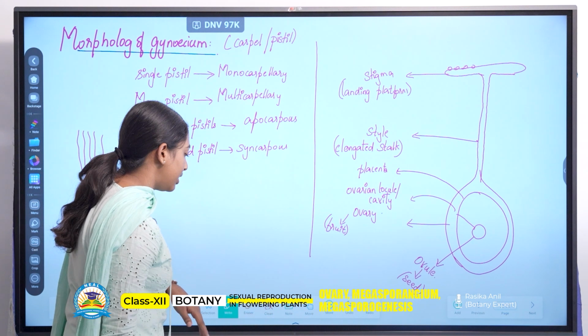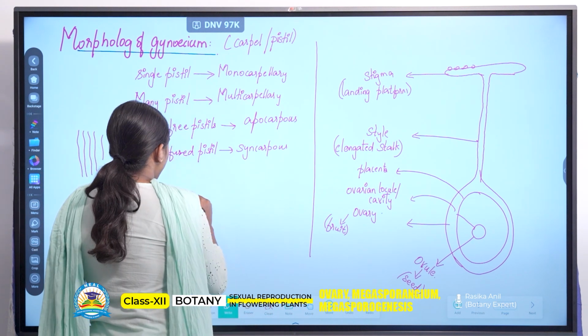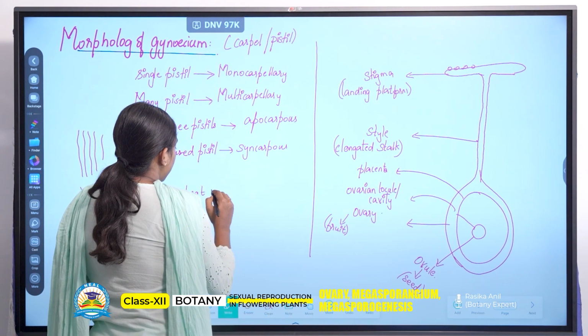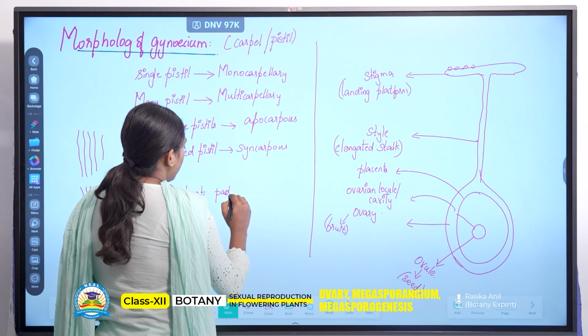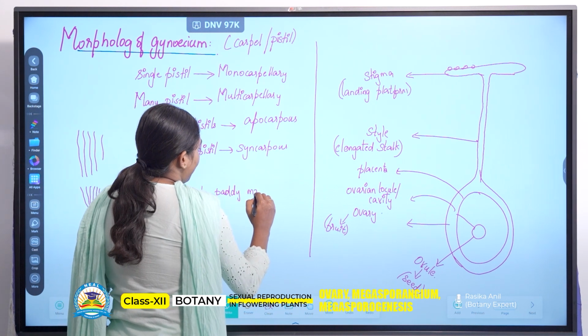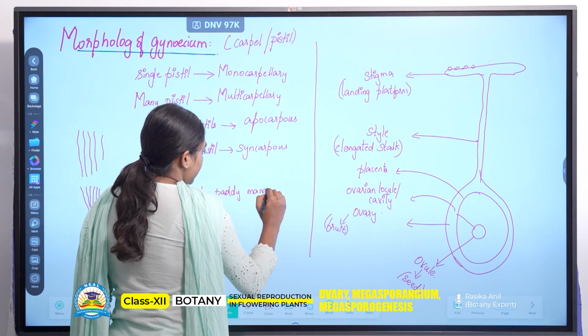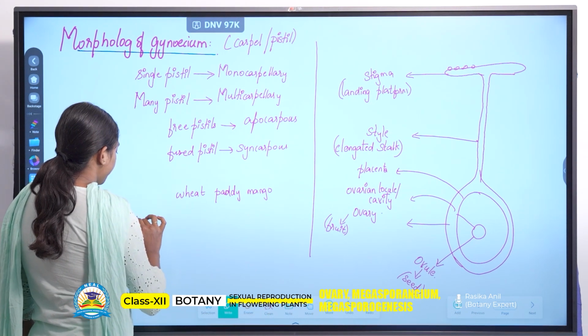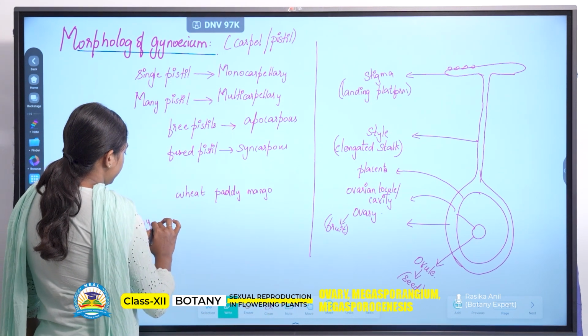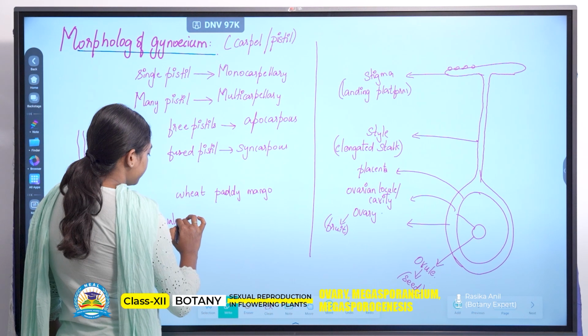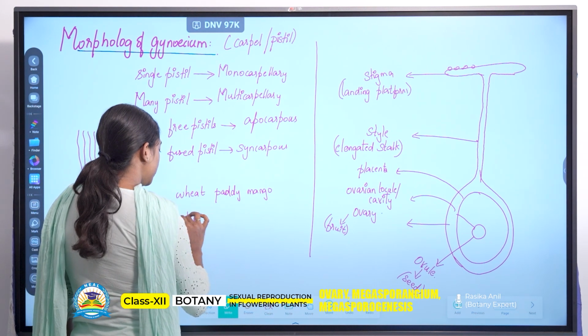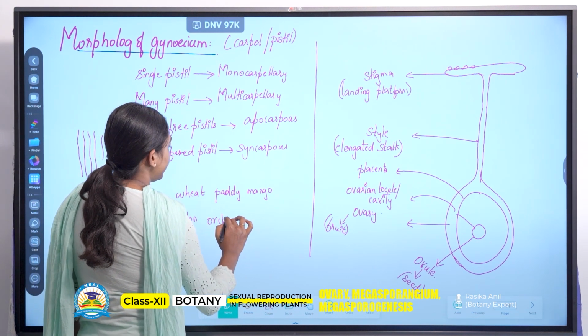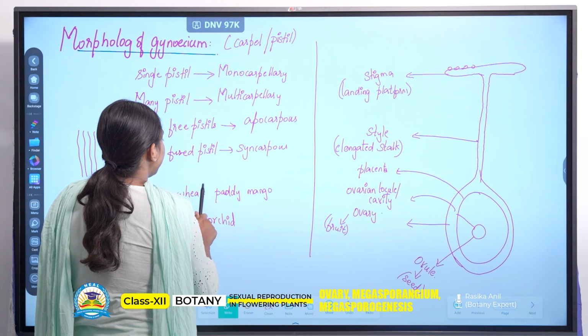Let's see some examples. Take wheat, take mango, take paddy, then you can take papaya, watermelon, and also orchid. How many seeds do you find in wheat, paddy and mango?